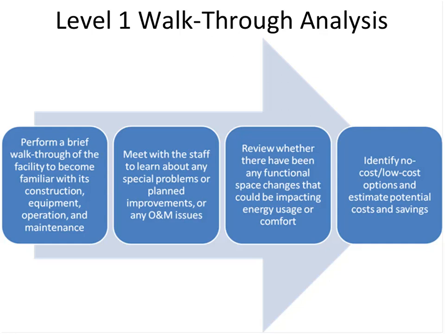You can also ask whether they've had space changes or usage changes. And then you need to identify your low-cost, no-cost options and estimate the potential for savings in that building by the results of your walkthroughs and your surveys.